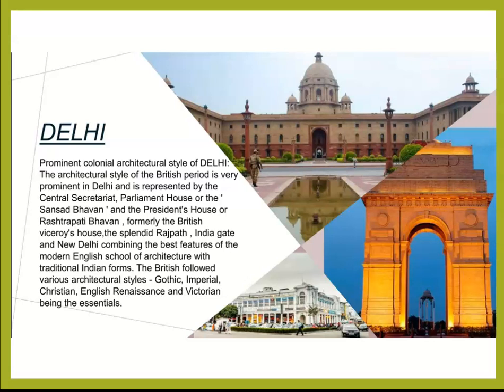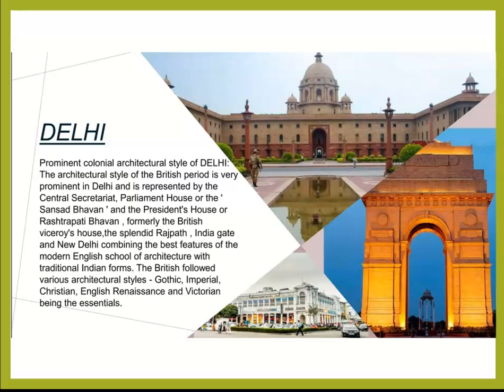Rajpath is nothing but the King's Pathway. Also the India Gate, and New Delhi is designed in the colonial feature, which combines the English school of architecture and traditional Indian forms.